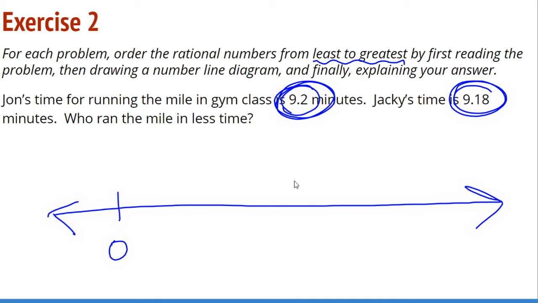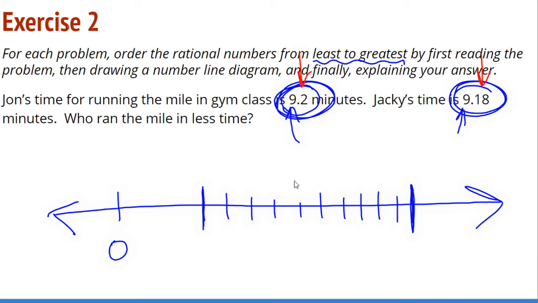I'm going to have 9 as my starting point, and I'm going to put 10 out here because both of them are at 9 minutes. Not just are they at 9 minutes, they're both a little bit more. That's what that decimal means. We've got a little more than 9 minutes. So I'm going to take this space and cut it into tenths. 1, 2, 3, 4, 5, 6, 7, 8, 9.